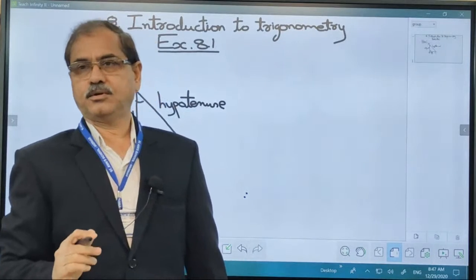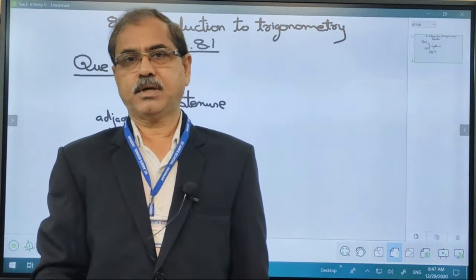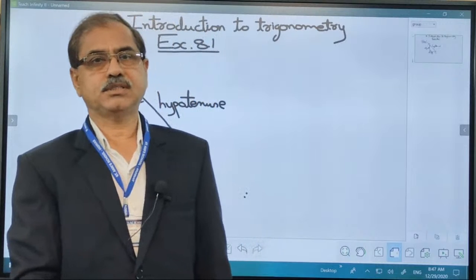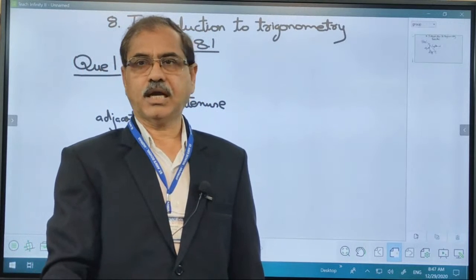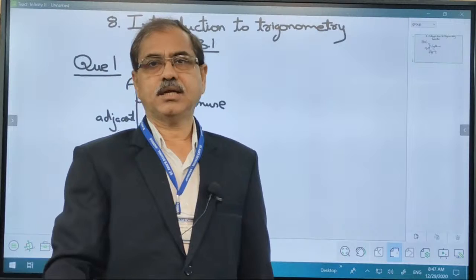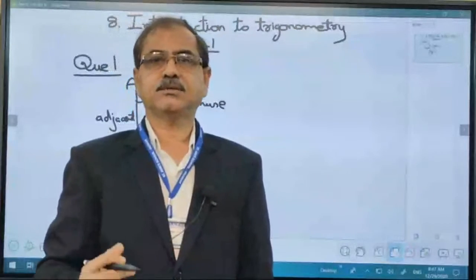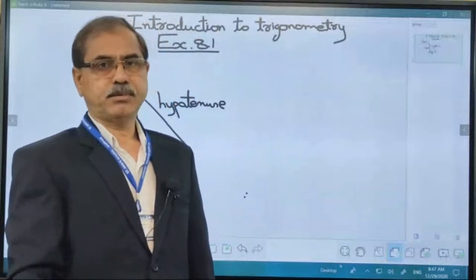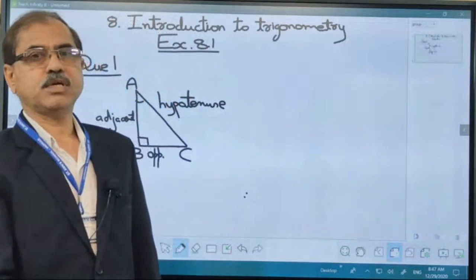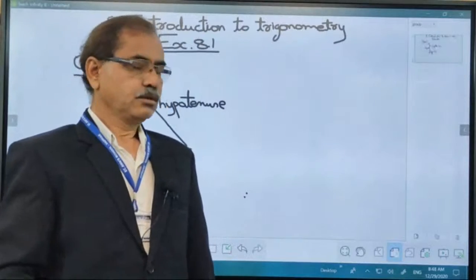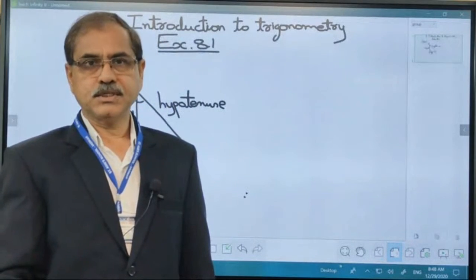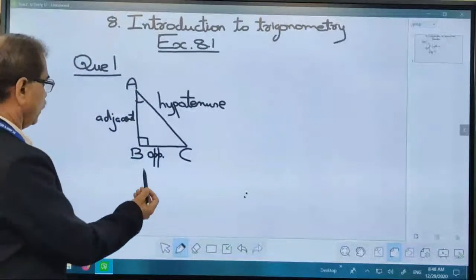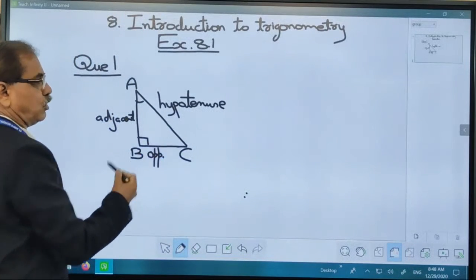So first of all, you must be clear in your mind about the three names: which one is the opposite side, which one is the adjacent side, and which one is the hypotenuse. Then out of these, 6 different ratios we are able to get, that I already explained to you. The very first one is the ratio of opposite side to hypotenuse.